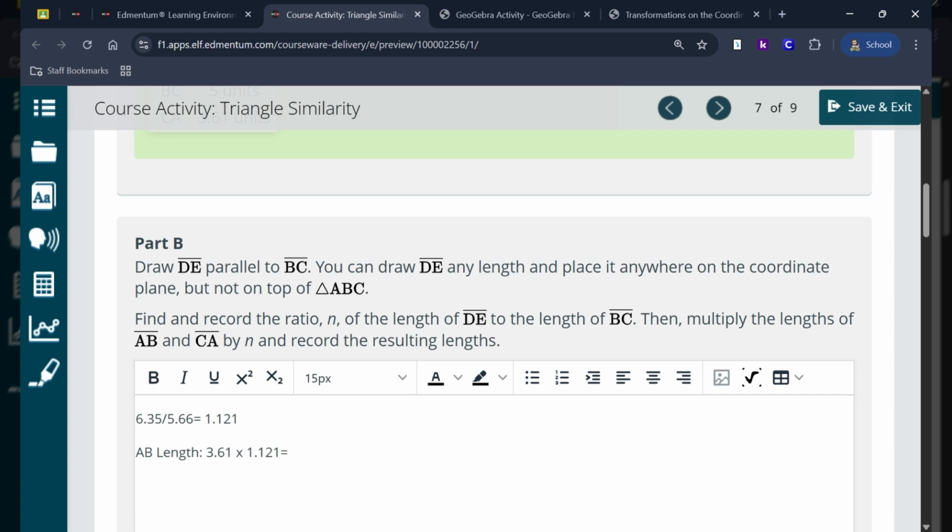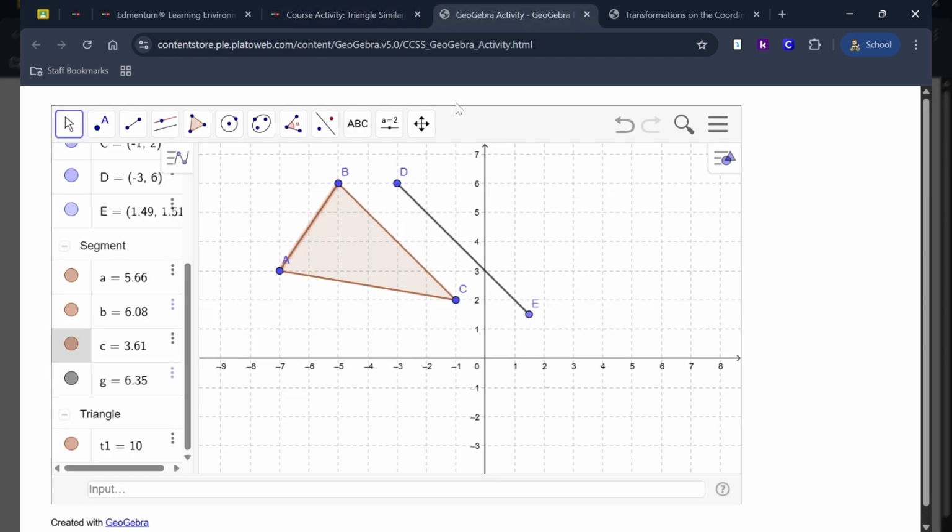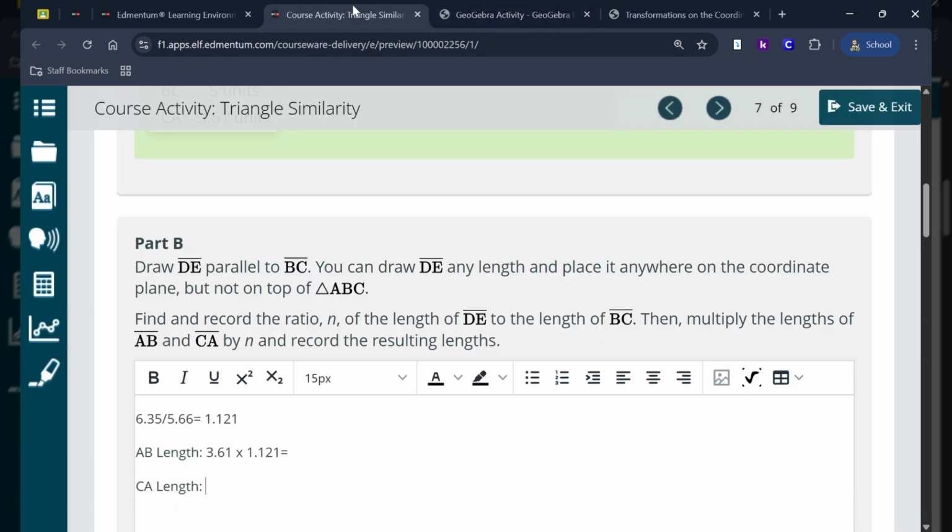And then for the length of, so what's the next one? CA. So CA length is going to be, let's see the length of CA, 6.08 times 1.121, right? And then let's work that out.